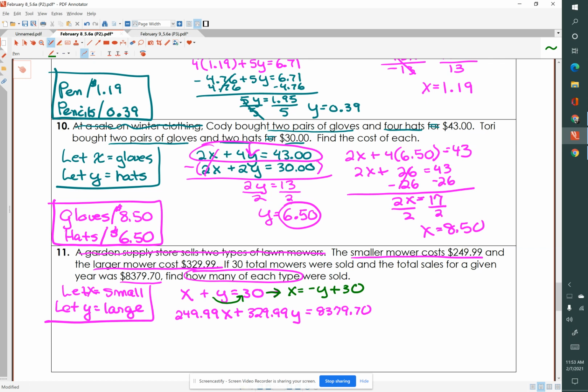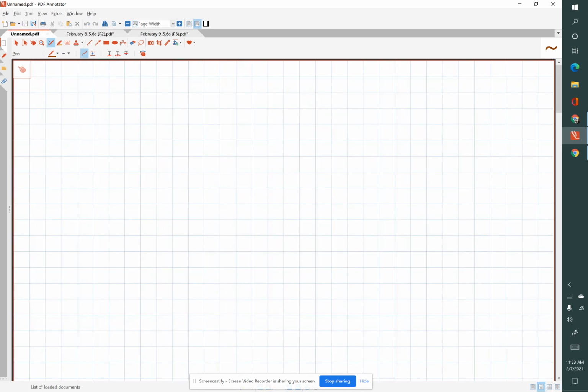And now that I have a value for x, I'm going to substitute it where I have x. So watch this carefully. So I've got x equals negative y plus 30.